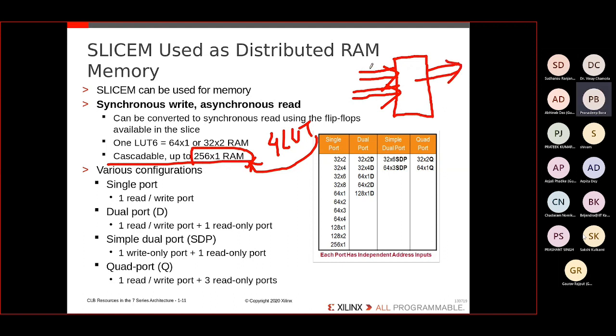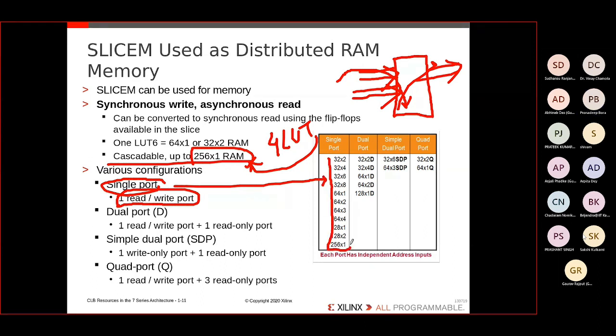So in one clock cycle I can do a read or a write. This is the most flexible one, and I can make all these different configurations using the single port in one slice.